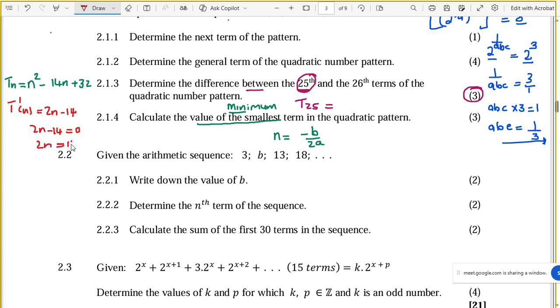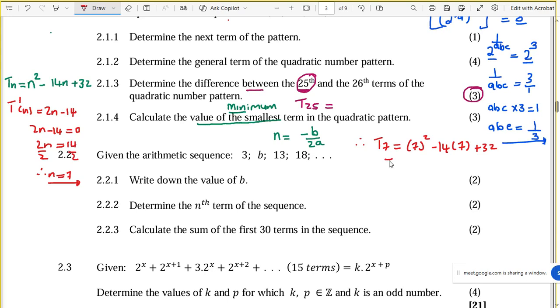So 2n is equal to 14. Divide both sides by 2. Therefore, n is 7. They said calculate the value of the smallest term in the quadratic pattern. To find that smallest value, you need to find your term number 7. So T7 equals 7 squared minus 14 into 7 plus 32.